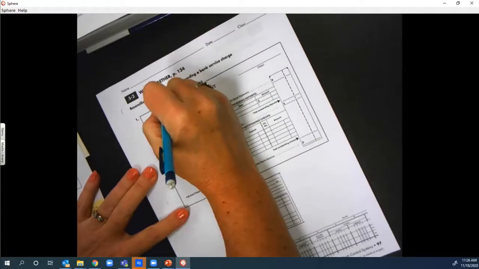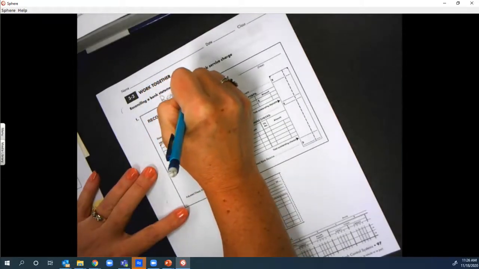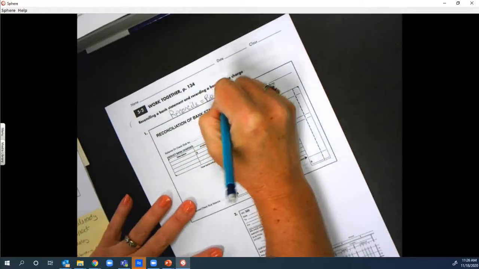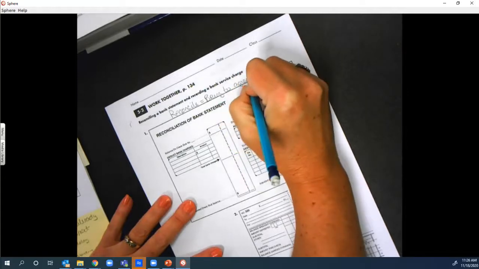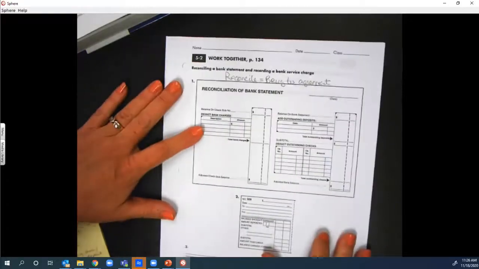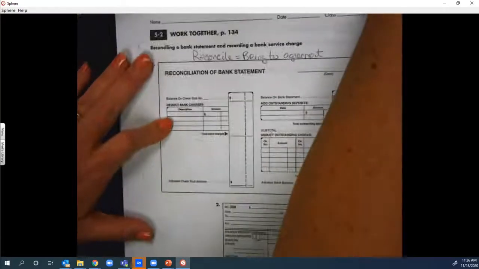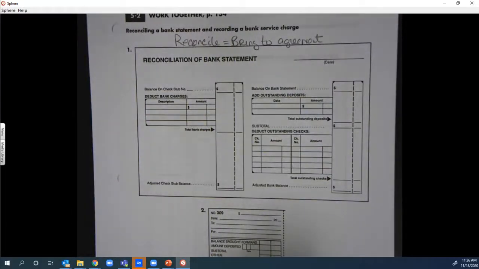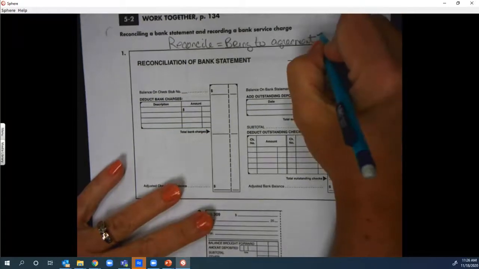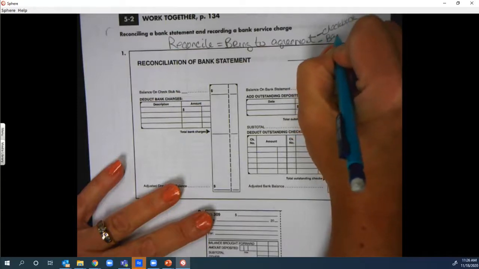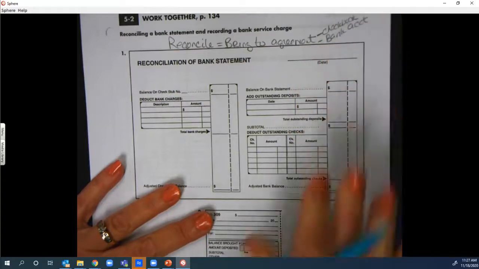All right, so again, just some terminology. Reconcile means we're going to bring to agreement. We're going to agree that what the bank says we have is what we actually have. We're going to bring to agreement the checkbook and the bank account.